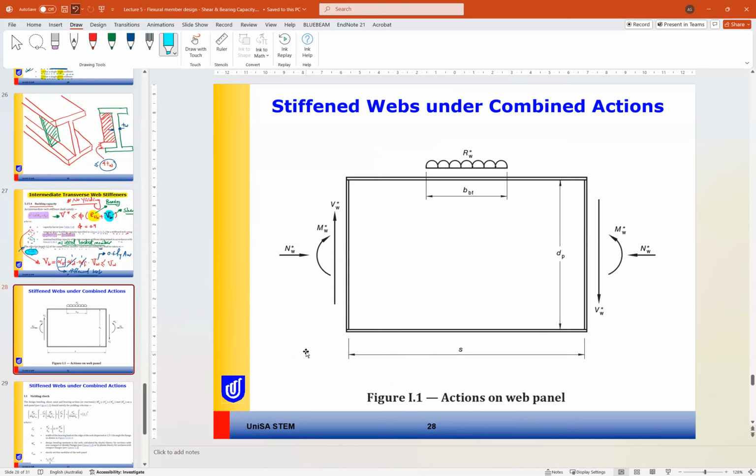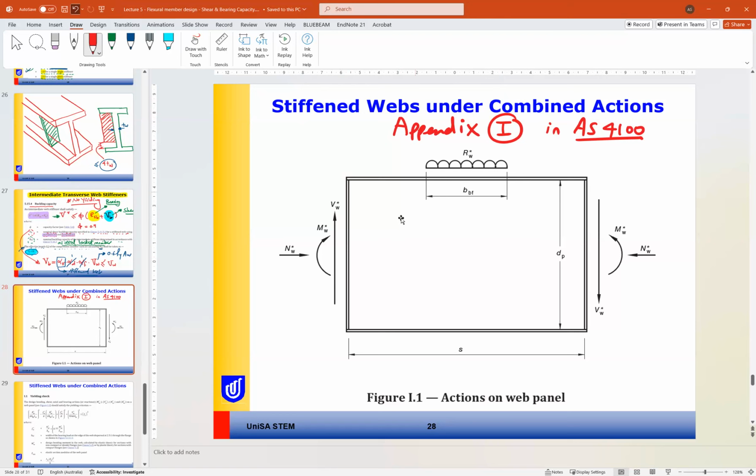We will not use this in our assignment or our test, but if we look here, this is section I, or appendix I, in the Australian standard. In this appendix, it gives us how to check or design a stiffened web under combined action.